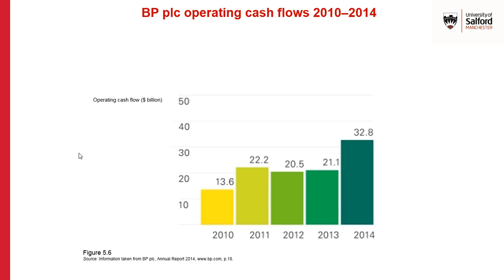Operating cash flow. With BP, you look at that and you think, oh, BP must be doing well. Well, it doesn't necessarily mean it's doing well, because positive cash flow isn't necessarily the same as sales, because you may be making more sales but increasing your debtors.